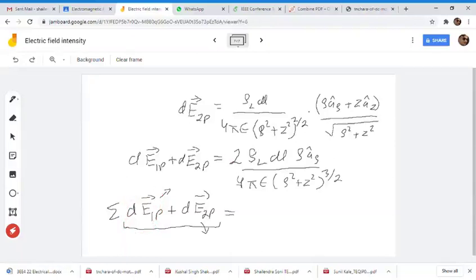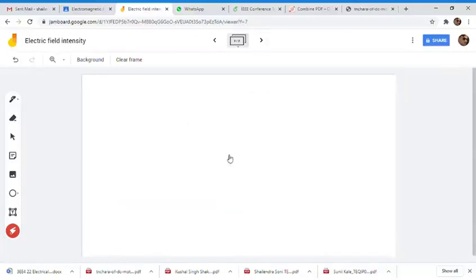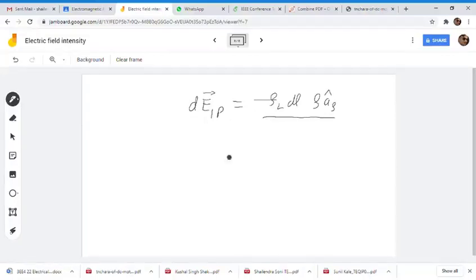So dE1p we can write as rho l dl rho a rho divided by 4 pi epsilon times rho square plus z square to the power 3 by 2.